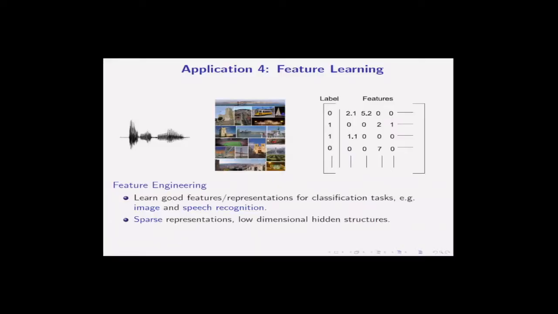So the question is, how can we do these efficient transformations of data into good feature spaces? Right? And we can again view this as a latent variable model if you think of a latent space under which we represent our observed data. So this is another setup where latent variable models can be useful.